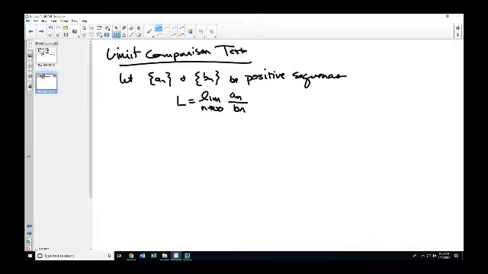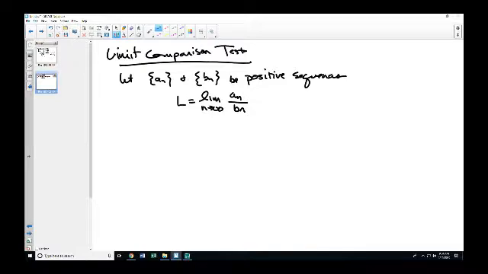So we set up a limit, right? And we get an answer of some kind. There are three cases where those can both converge. Okay.